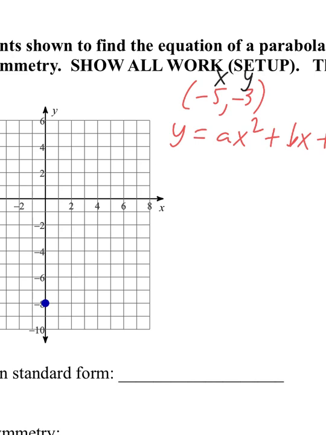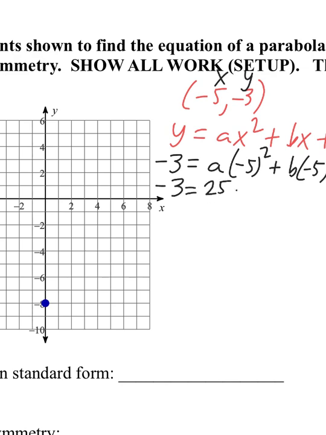So y, so -3 equals a times the x value, which is -5 squared, plus b times the x value, which is -5, plus c. Then we'll simplify a little bit. -3 equals, so -5 squared is positive 25, so positive 25a, minus 5b, plus 1c. There's an equation right there.